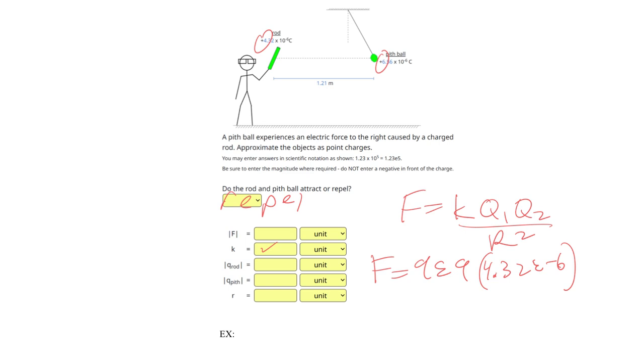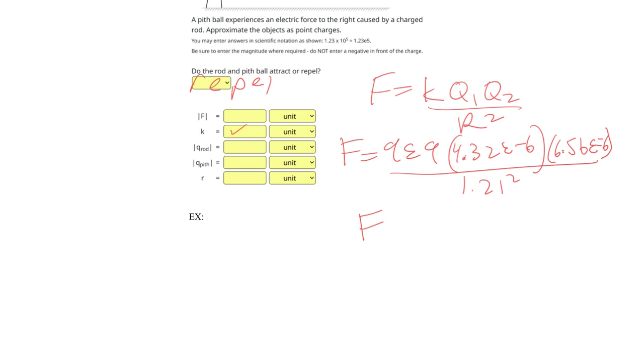Q2 is 6.56 e to the negative 6, divided by the radius squared, 1.21 squared. So I'm getting the electrostatic force to be equal to 0.0441. This is the kind of problem I'll give you on the test.